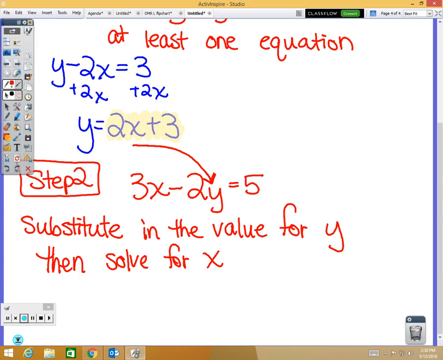Substitute in the value for y, then solve for x. What this does is it makes it so that our equation only has one variable. The equation is only going to have an x in it. The equation will no longer have a y. So once we only have one variable in our equation, then we can solve for that one variable. Question?